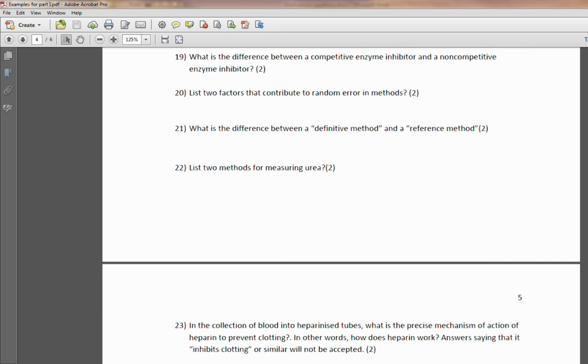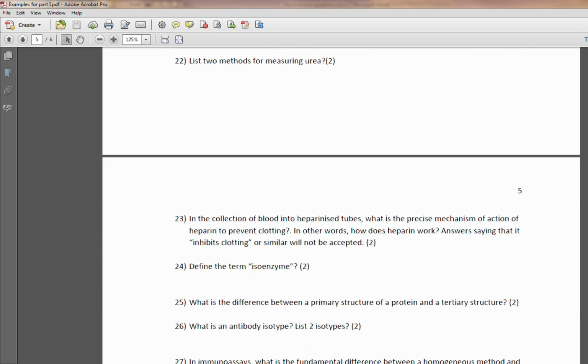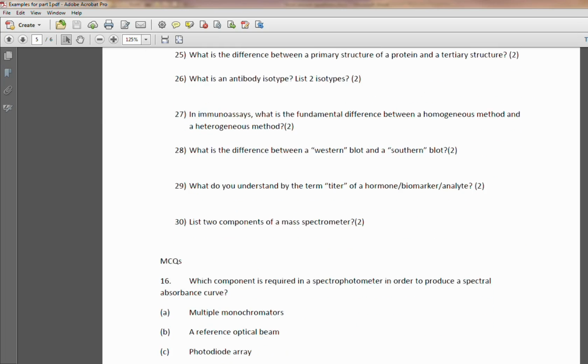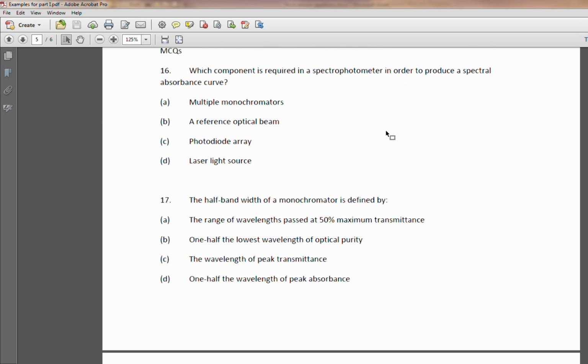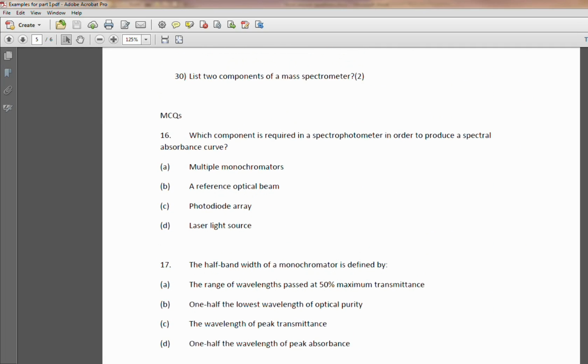Remember that this method of testing also allows one to test a wider diversity of knowledge of the candidate, and also makes it easier for the examiners to mark, because you've got very specific answers.